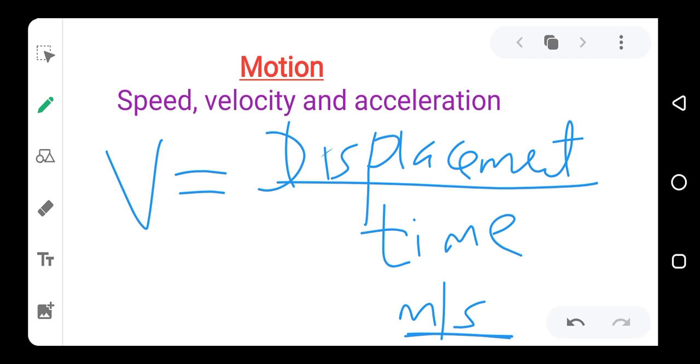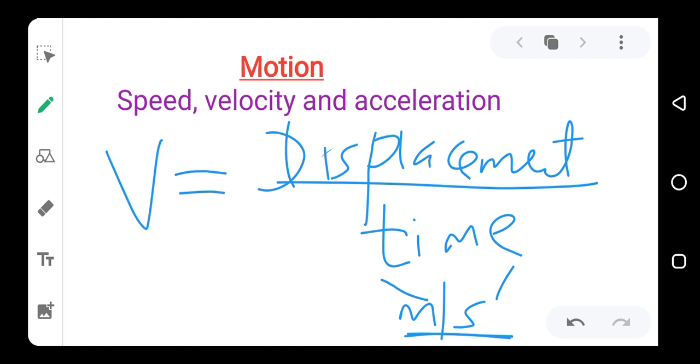It is measured in meter per second. Now what this means is that anytime you want to calculate the velocity, if the distance given to you is in kilometer, you must convert it to meter. And if the time given to you is in hour or minutes, you must convert it to second, because we are considering meter per second.